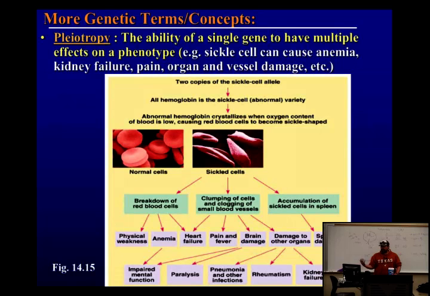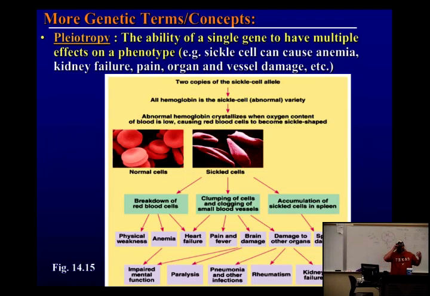It's like having a bunch of ground glass going around in your blood. They don't roll around very well when they pass through the spleen and stuff, so that gets all blocked up. They don't carry oxygen, so it causes anemia. So you get all these phenotypes from a single genotype, and that's what pleiotropy means.